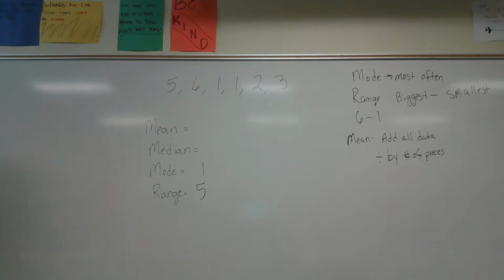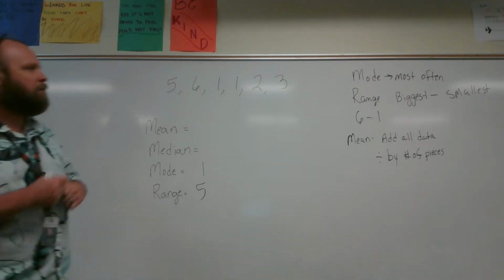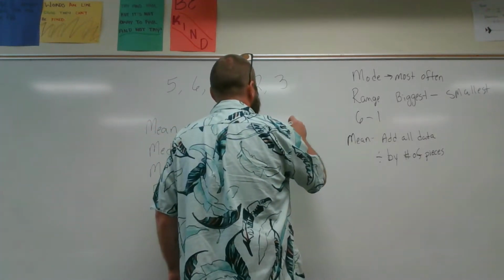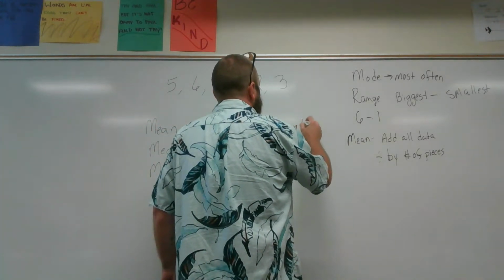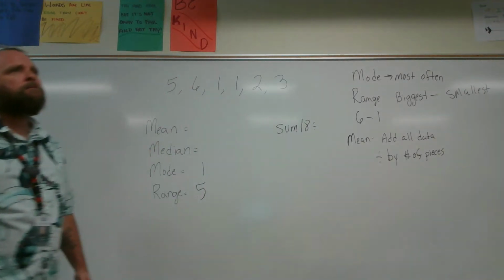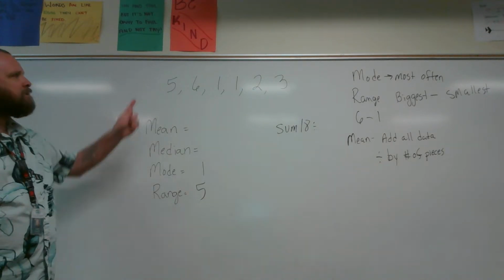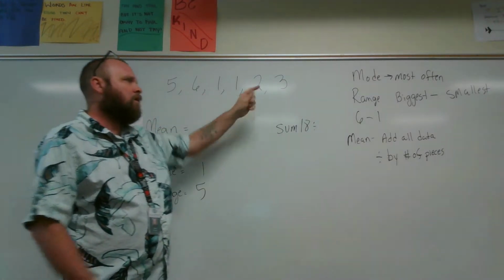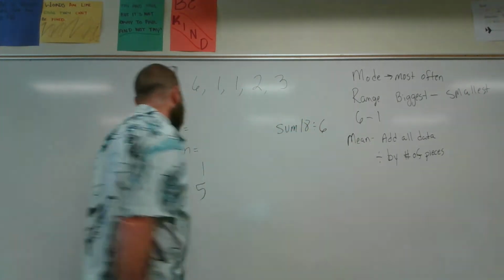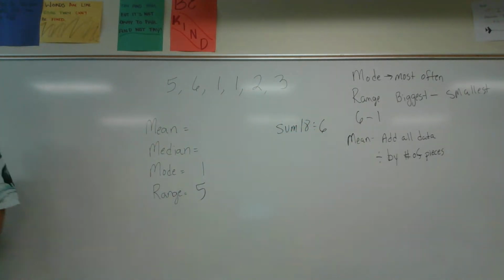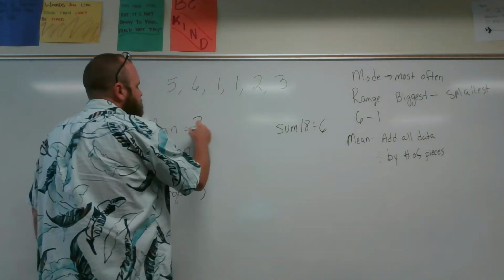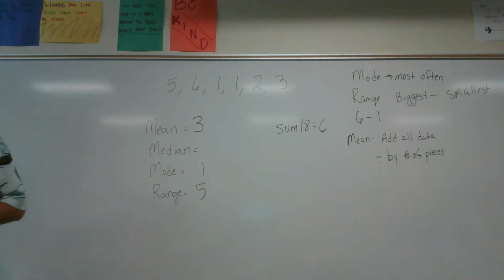So Tatum, the sum of our data is? 18. So if our sum is 18, what are we dividing 18 by? 6. Why 6? Because that is how many pieces of data there are. So Tatum, what is our mean? 3, because 18 divided by 6 is 3.